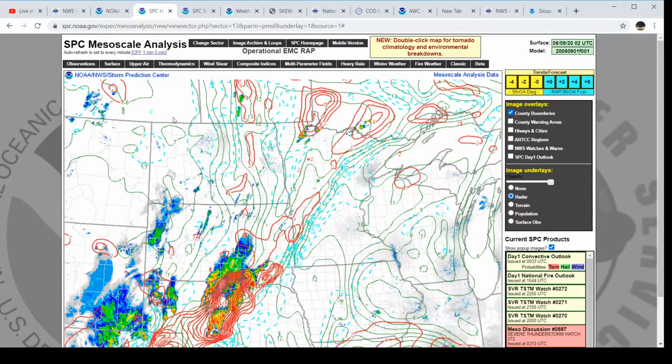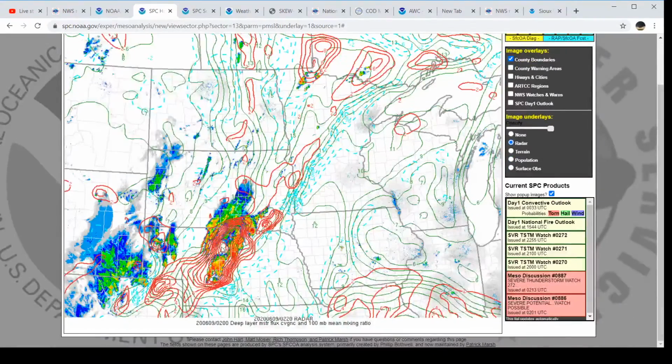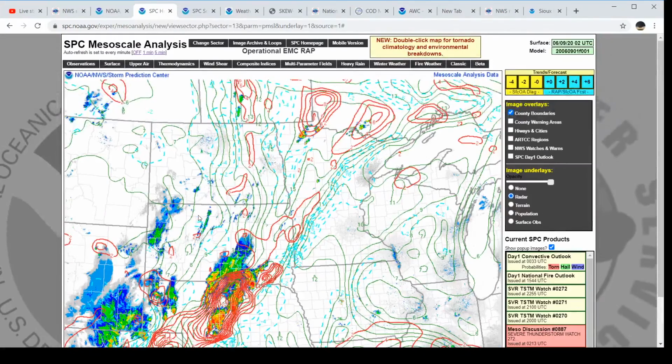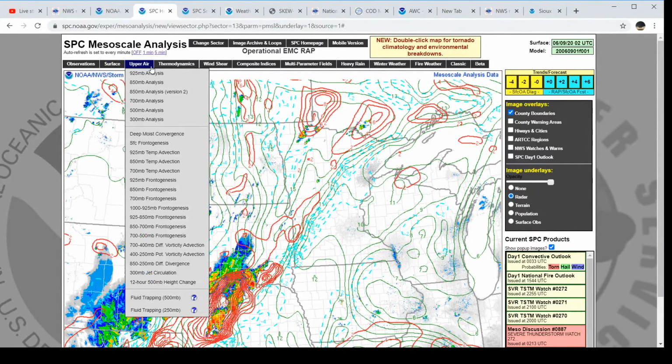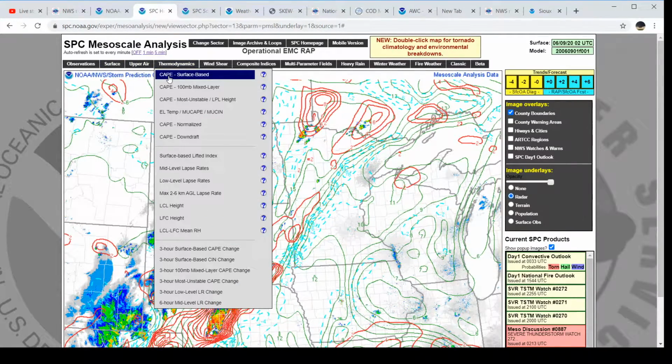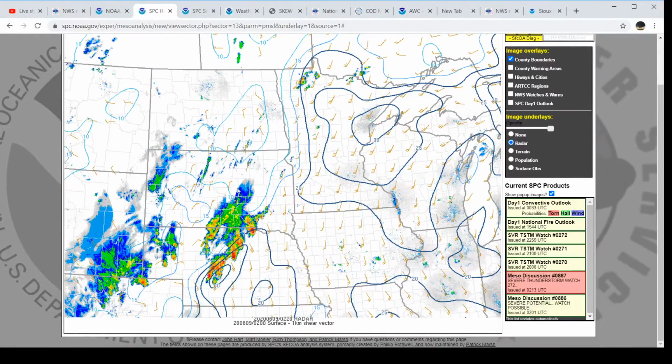Deep moisture convergence. So we got a lot of convergence. Probably I expect more storms to form out here in a little while. So surface to 1 kilometer shear has increased through this area.